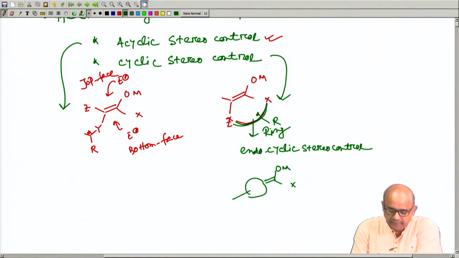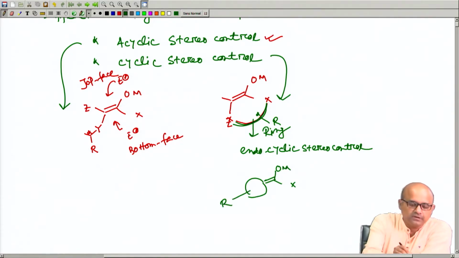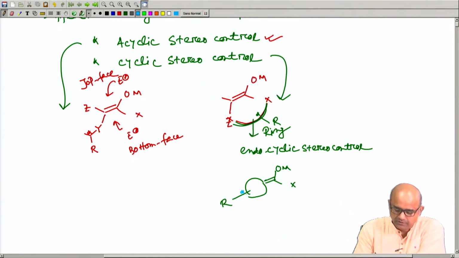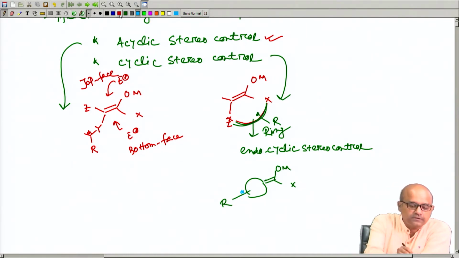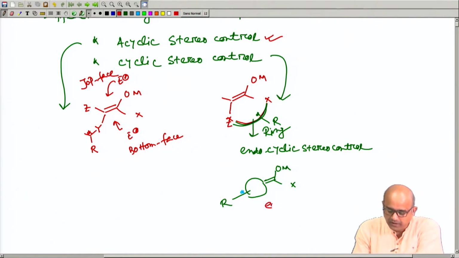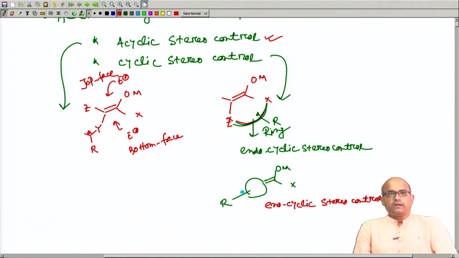So, this is a ring and you have a pre-existing stereocenter. And in these cases we will be calling this kind of stereocontrol exocyclic, as the enolate is exocyclic. So, these two working models are existing for the cyclic system, and for the acyclic one you have these things.